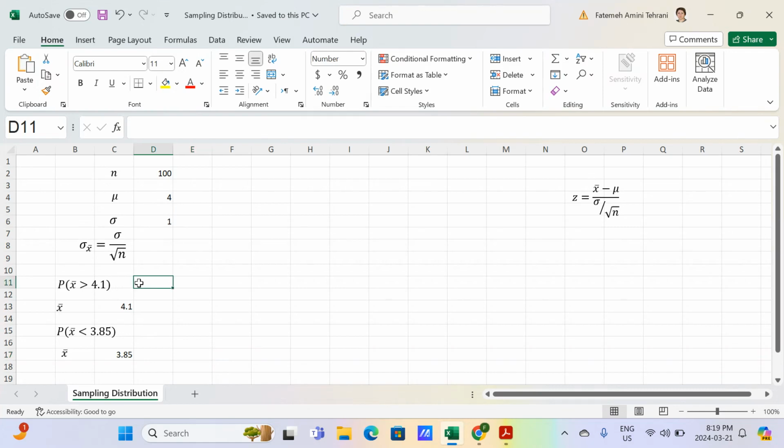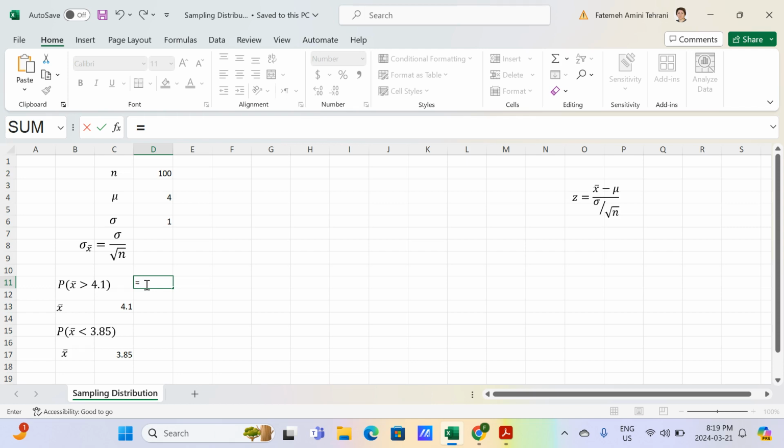In Excel, first I'm going to work with x bar, not z. I can find this probability by working directly on x bar. But then I'm going to show you how to find the probability also by finding the z value. First, I'm going to work with x bar because I'm looking for the area on the right side of x bar.